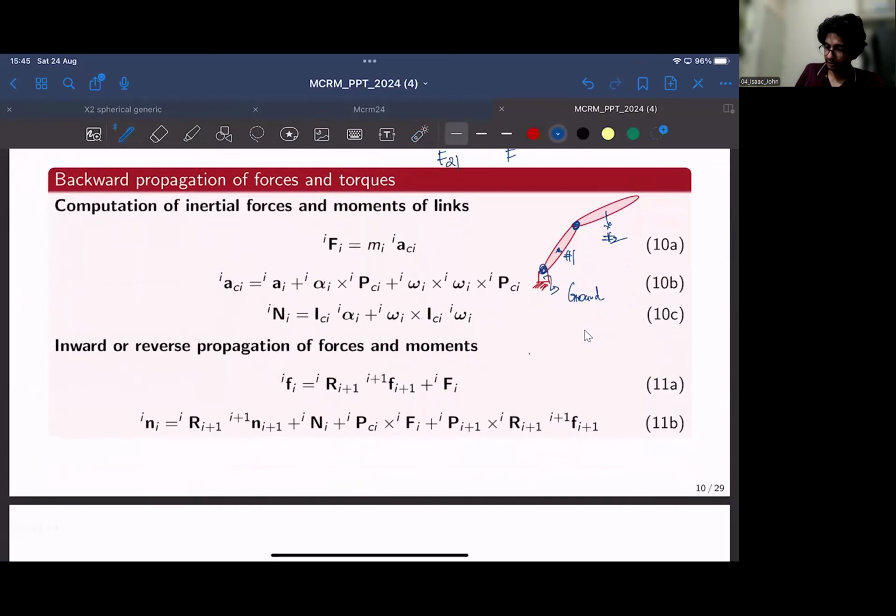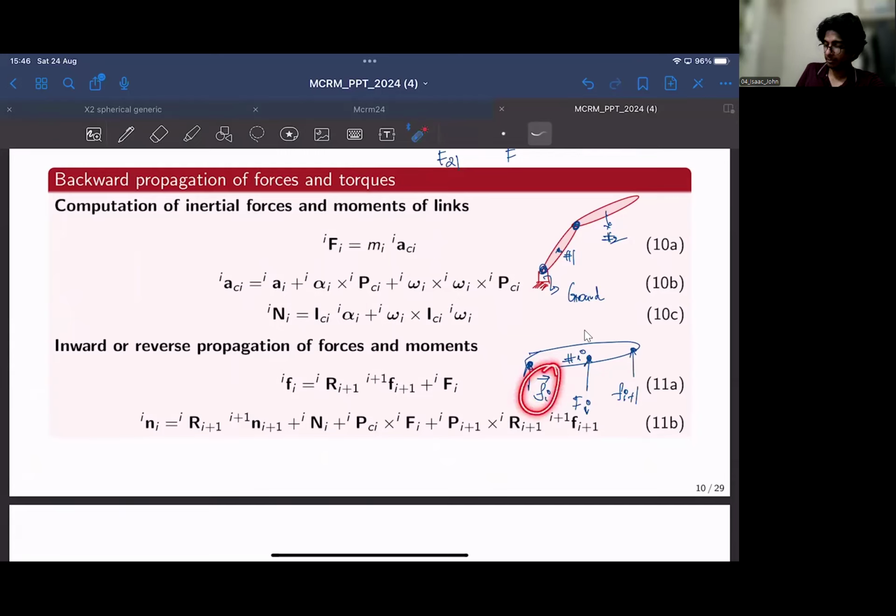For example, if you have link i, on the proximal side you have the force vector Fi, and on this end you have Fi plus 1. And at the centroid, you have this inertial force.